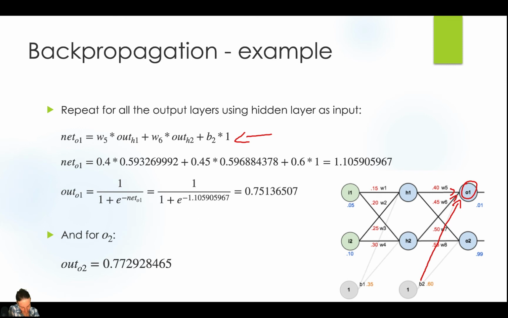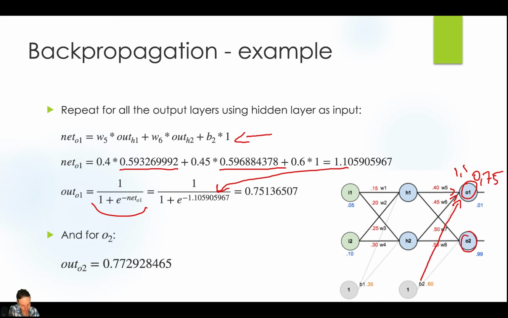If we calculate this based on the H1 and H2 that we calculated in the previous slide, we get the output 1.1 for the output layer. Again, we have a sigmoid activation. Plug that result in here, and we get the actual output after activation to be 0.75.